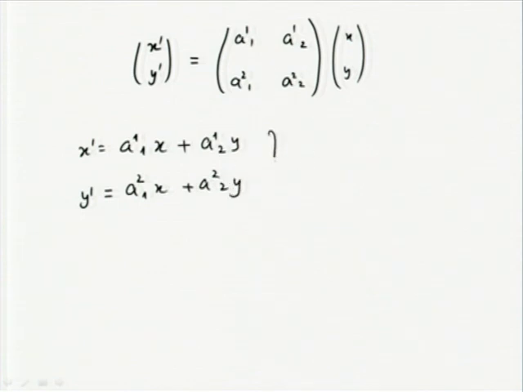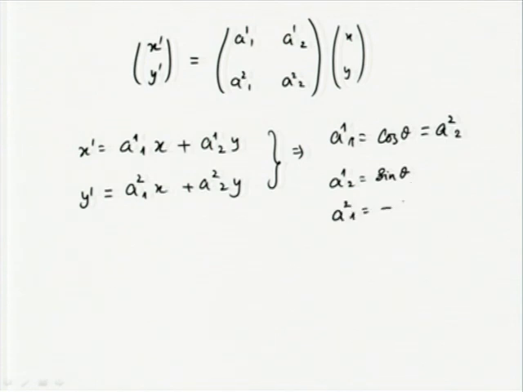And the whole thing gives us A11 equal to cos theta, which is also equal to A22, the diagonal elements. A12 is equal to sin theta, A21 is equal to minus sin theta.